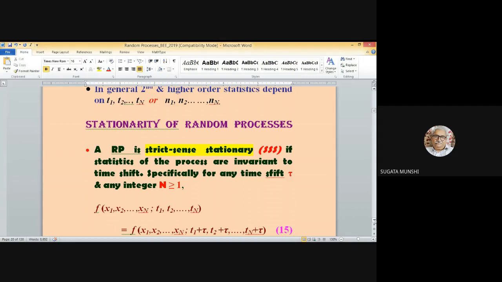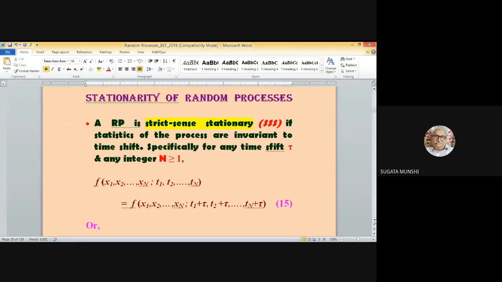Specifically, for any time shift tau and any integer capital N greater than or equal to 1, the Nth order density function will remain unchanged under time shift.